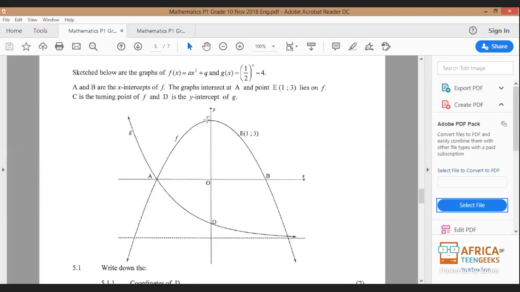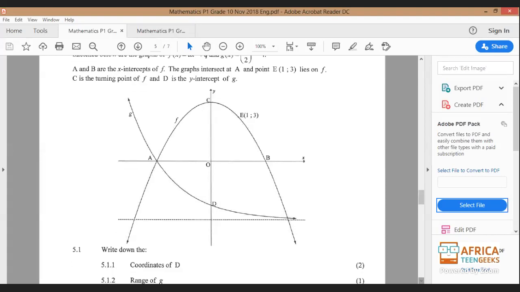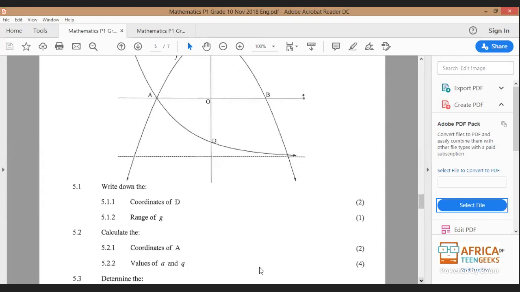So it's where your f of x touches your y-axis, right? And we said C is given by the value of Q. So by now, you should know the value of Q, because it was asked from us in 5.2, right? If you know the value of Q and you know your 5.1.1, you can calculate the length of CD.